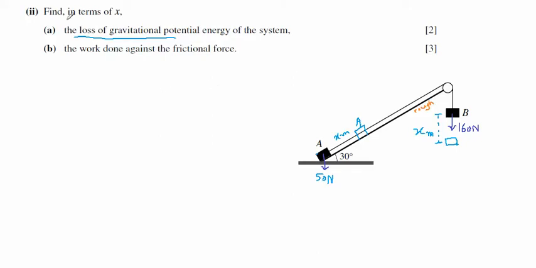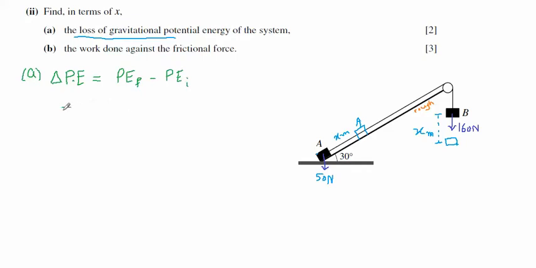As I told, we always take the change in the potential energy, delta PE, for the loss. So this is equal to the potential energy final of the system minus the potential energy initial of the system.